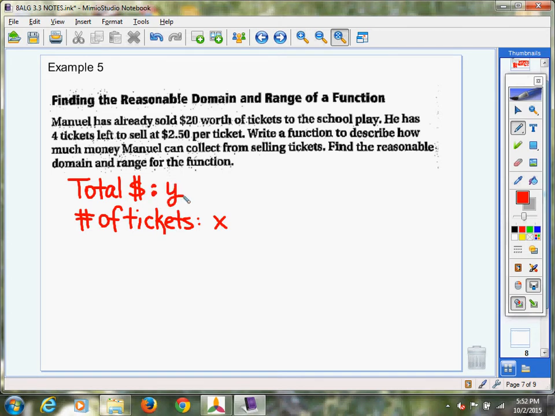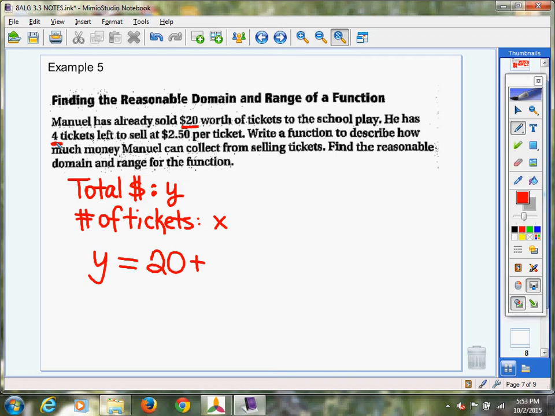So right off the bat, y equals, how are we going to figure out that total cost? Well, it starts with this first sentence. He's already sold that amount, so that's what he's got right now. Plus, he has a couple more tickets left. Now, we're not going to use the 4 in the equation, because that's insinuating that we're selling all 4 tickets. He has 4 tickets, but he may not sell any of them.